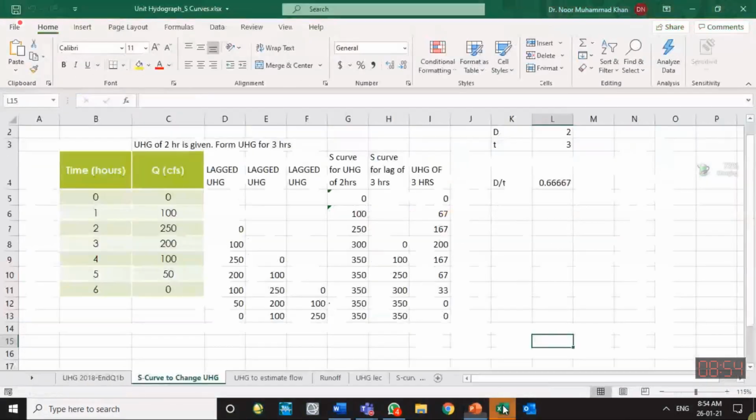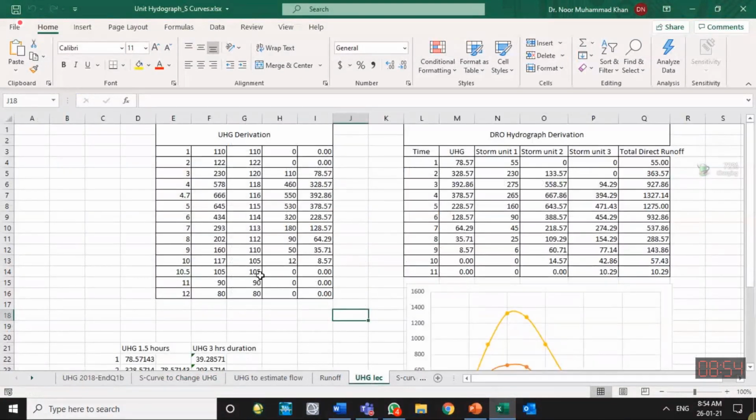Yeah. So this column is the time duration steps, and F column is the given value of the total runoff.